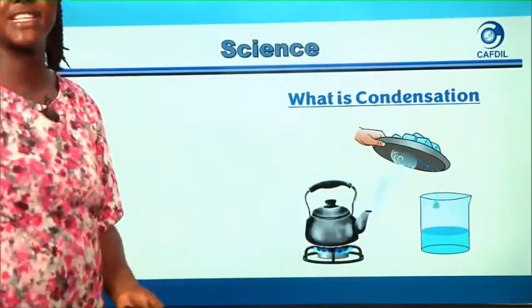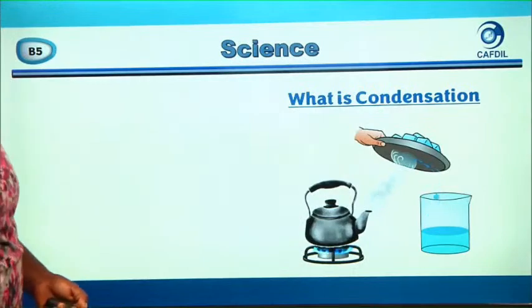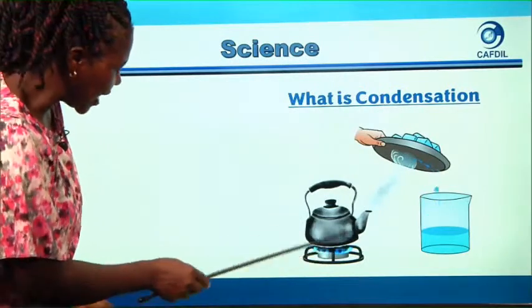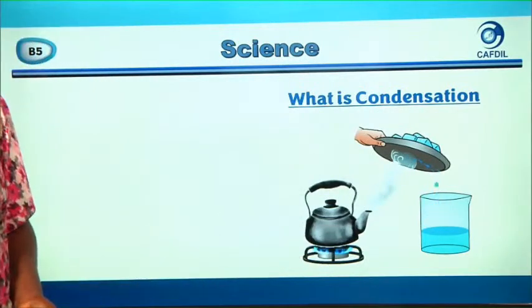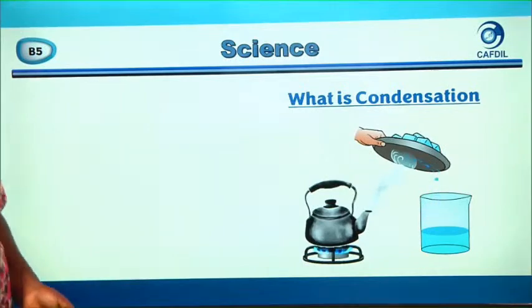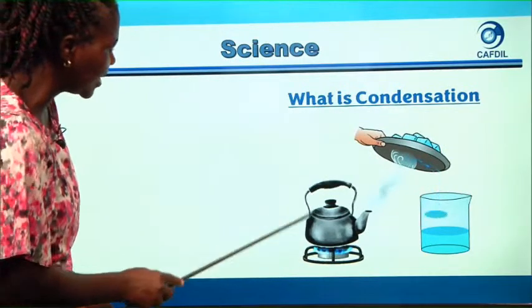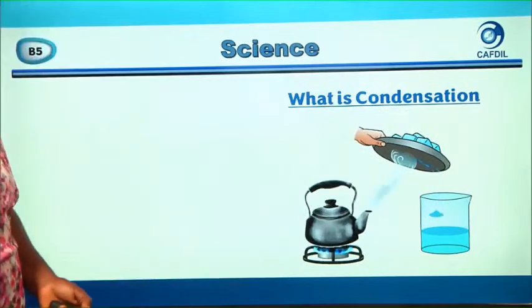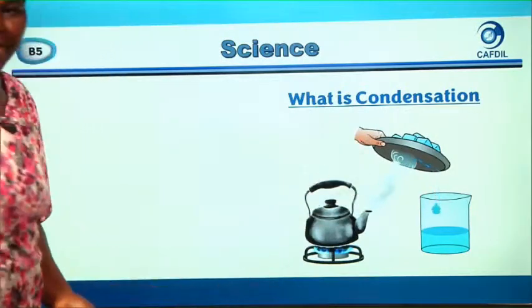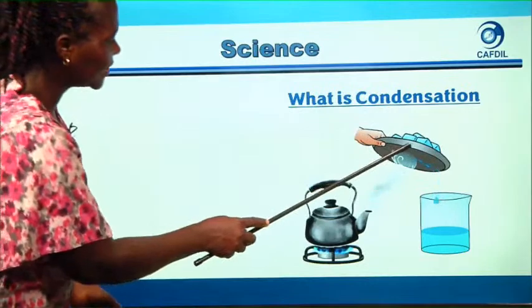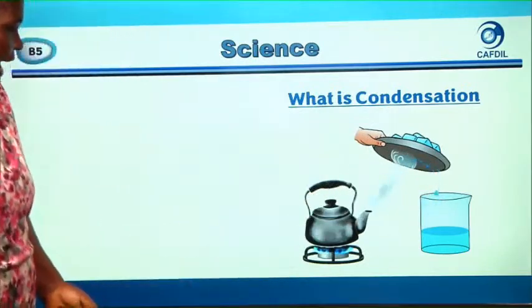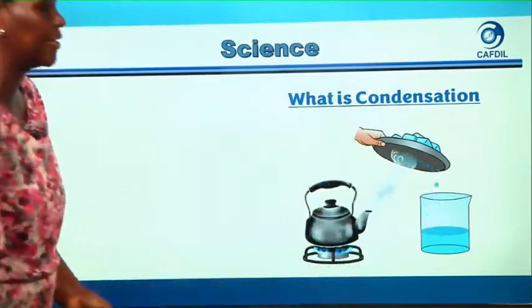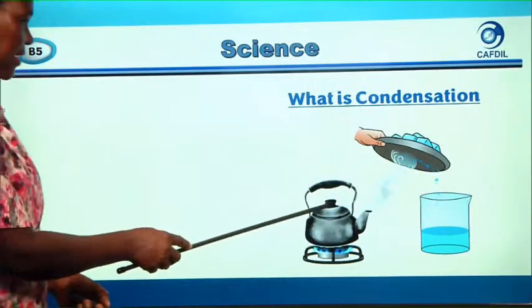What is condensation? Now let's look at this and we will get to understand condensation. When you put the water on the fire to boil, as it boils, the vapor collects on the surface of the lid and it falls into the beaker, as we can see.